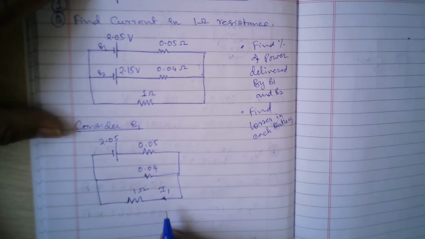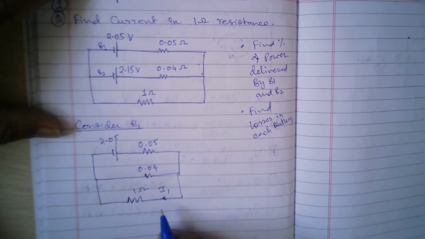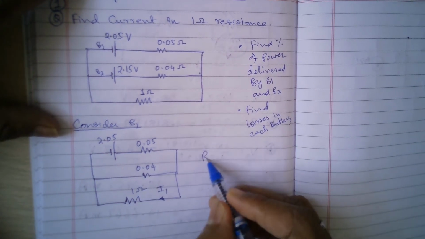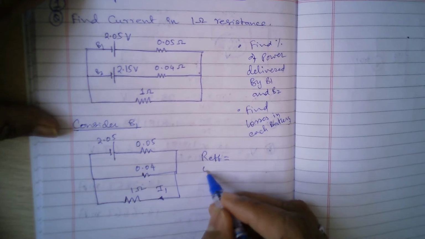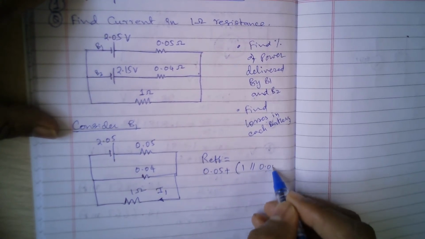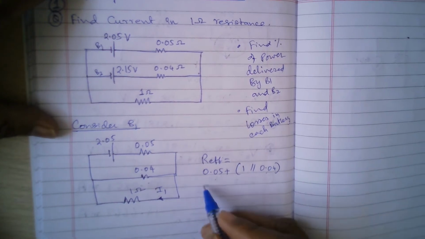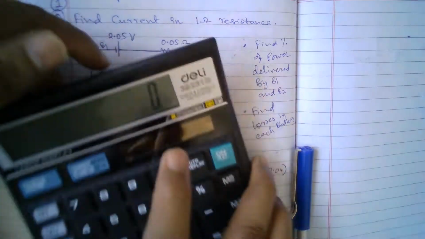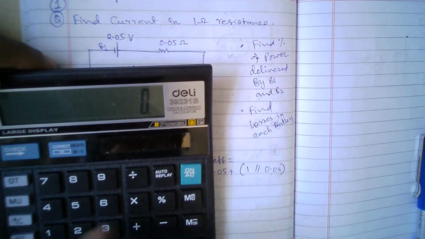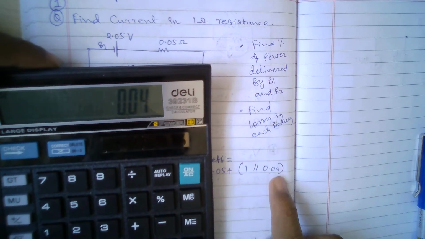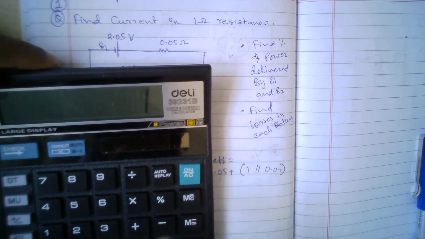How do I find I1? Here you can see these two are in parallel, so the 1 ohm is in parallel with 0.04. R effective is nothing but 0.05 plus the parallel combination of 1 and 0.04. How do you calculate the parallel combination? Simply 1 multiplied by 0.04 divided by 1.04, the addition of these two.